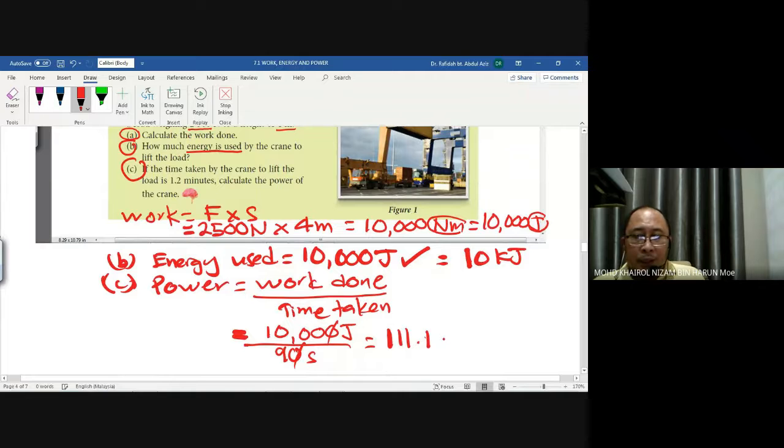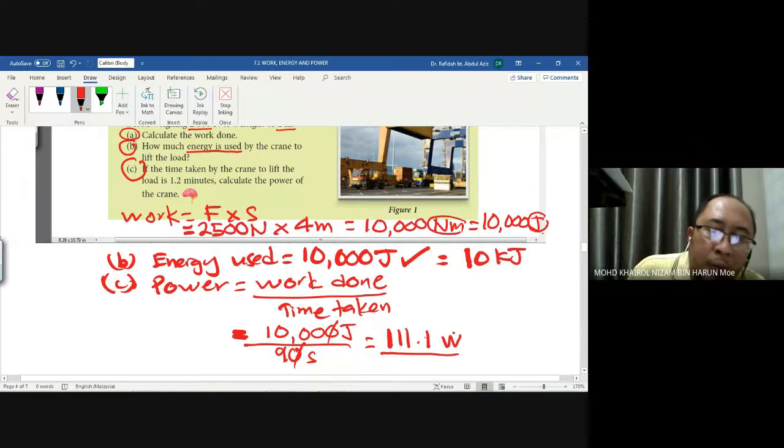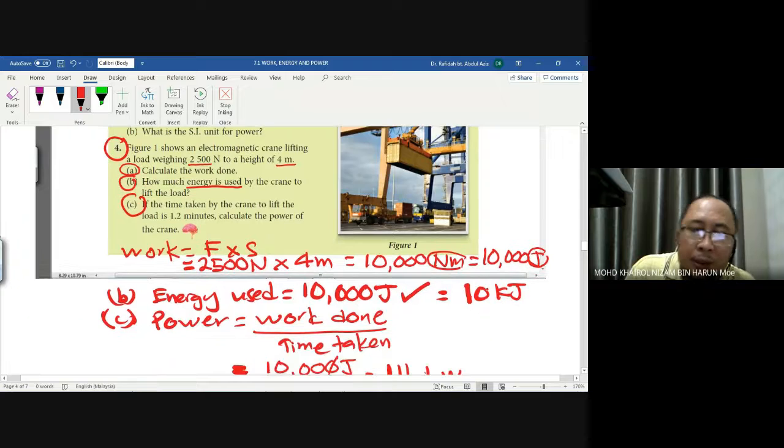So the unit is watt. So this is the power for this crane, 111.1 watt. So this is the method used to calculate power and also to calculate work done.